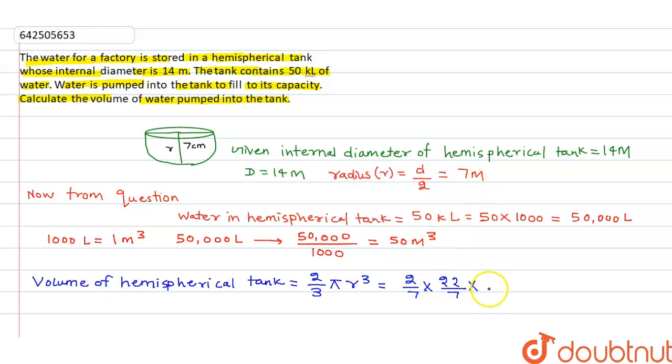R is 7, so 7 cube, 7 into 7 into 7, cancel out this 7, this is 3. After multiplying we get 718.66 meter cube.